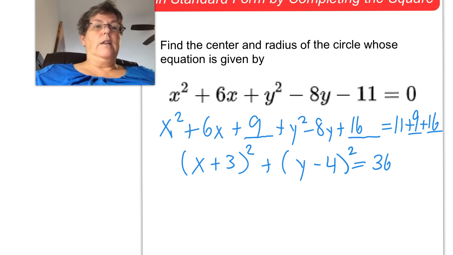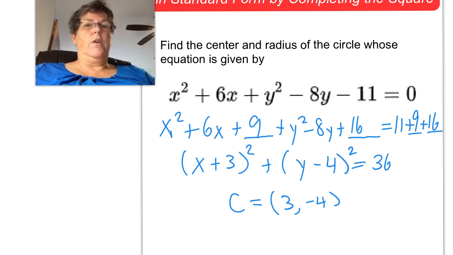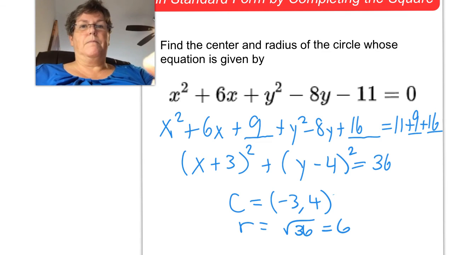So we've got the standard form of the equation, and now we can get the center at 3, -4. No, let's fix that. Common mistake, right? Remember, when I take the h and k, they change their signs here. So -3, 4, and the radius would be the square root of 36, which is 6.